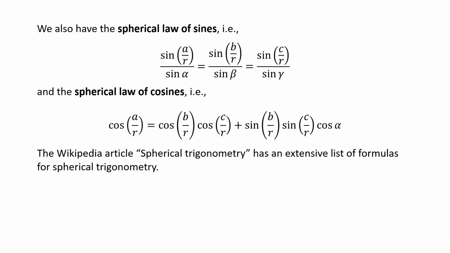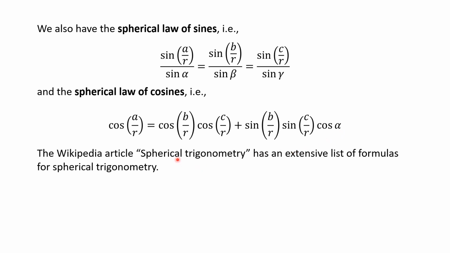We have a few more formulas. These are based on the same figure I showed you on the previous slide, where you don't necessarily have to have the right angle. We have the spherical law of sines, this formula here that I'm pointing to, and then there's the spherical law of cosines, this formula here, and there's a whole bunch of these formulas.